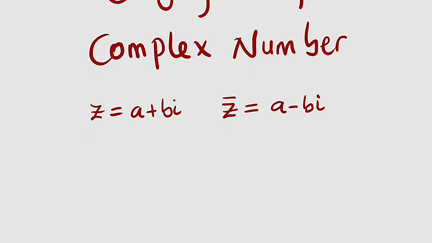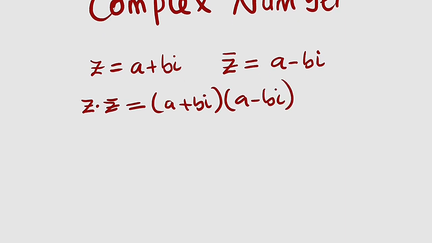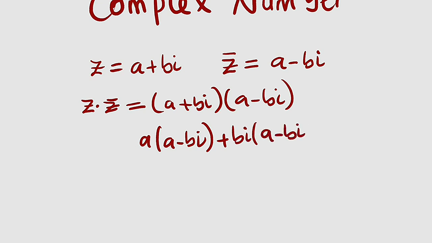Okay? So we want to multiply Z by Z bar, which is the same thing as a plus bi multiplied by a minus bi. So let's distribute. We have a multiplied by the whole of a minus bi, then we add bi multiplied by the whole of a minus bi.